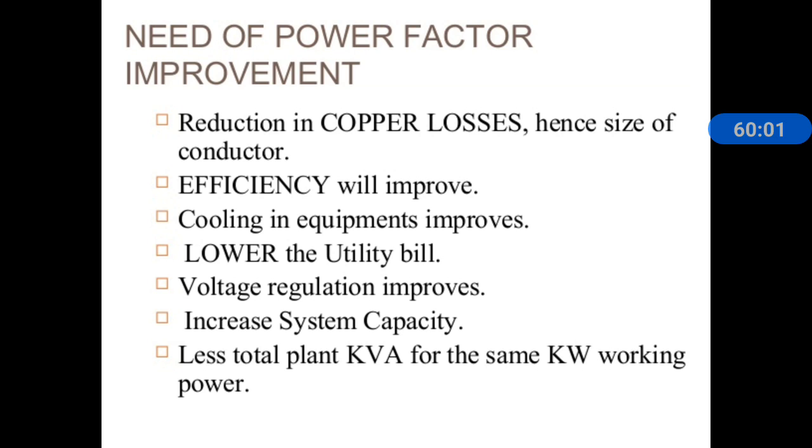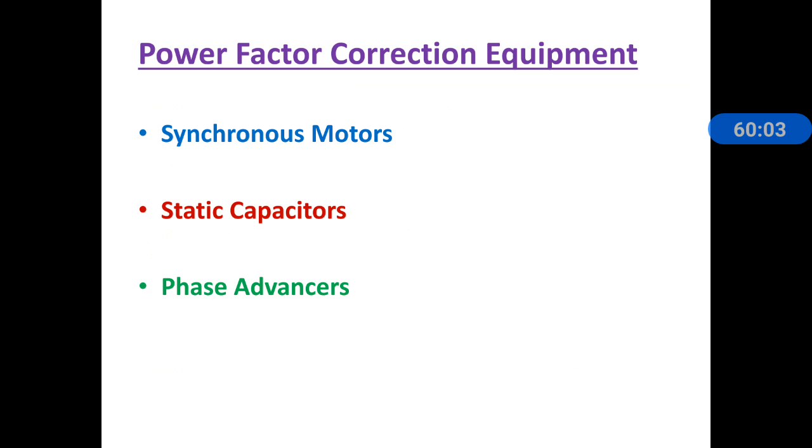Next we are going to discuss what equipments are used for improving power factor. First, the synchronous motor, which is a different kind of motor. We supply 3-phase supply to the stator, and the rotor is rotating, but we also supply DC power to the rotor, so that motor becomes a synchronous motor.